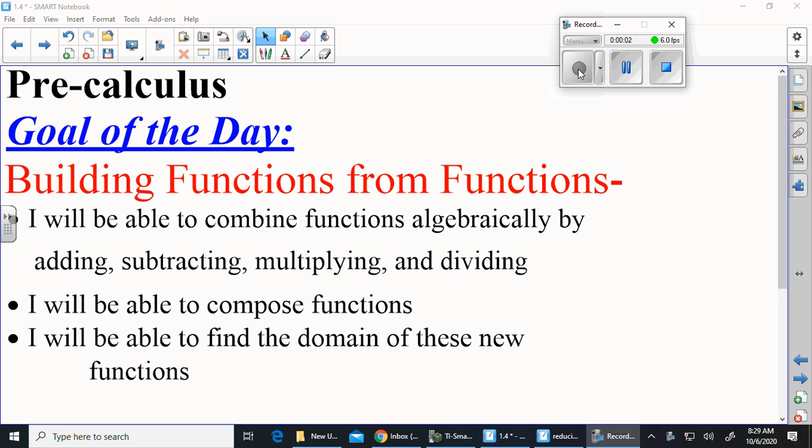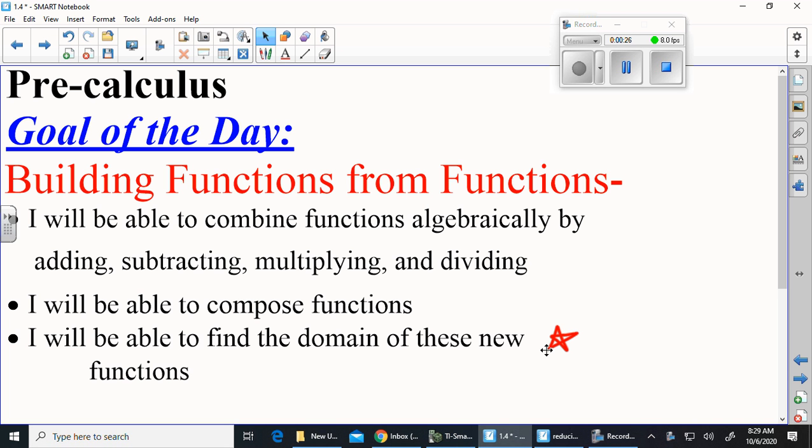Okay, so now that we know the 12 basic functions and we know the properties of functions, we're going to build functions from functions. We did this a little bit last year. The only thing new is really the domain idea.